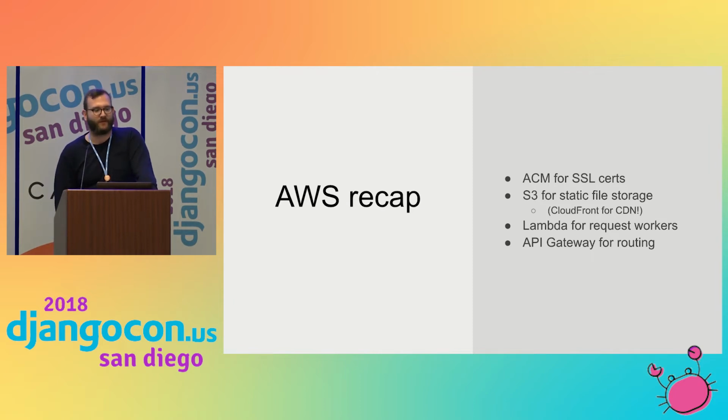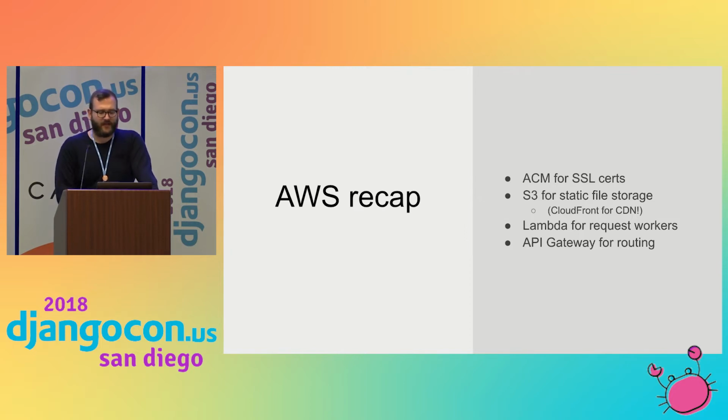And if you're feeling really ambitious, you can put CloudFront in front of it to get a globally distributed set of static files to speed up delivery to your users. And then Lambda for our request workers and the API gateway to route requests to different applications.